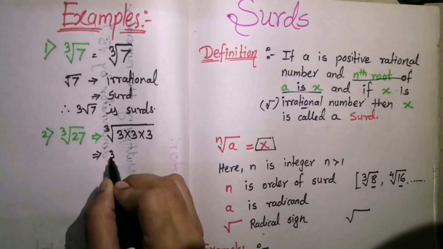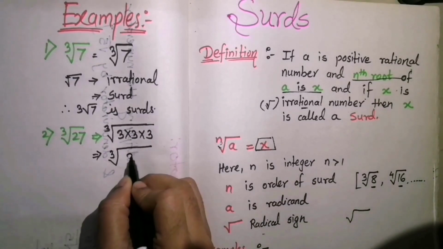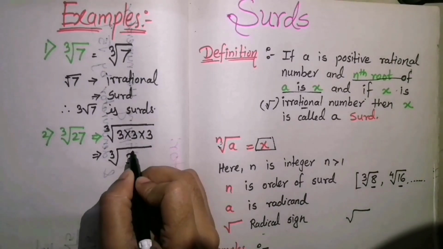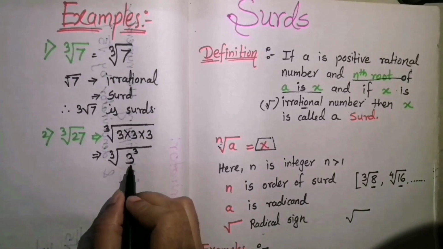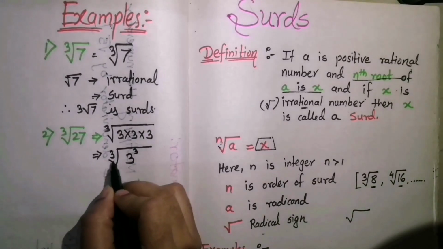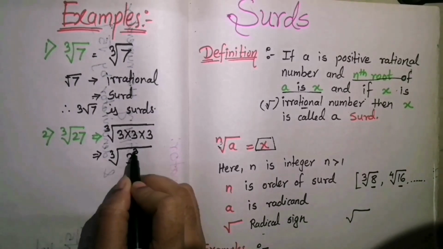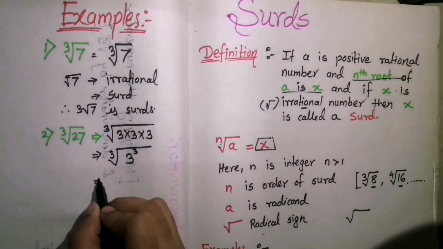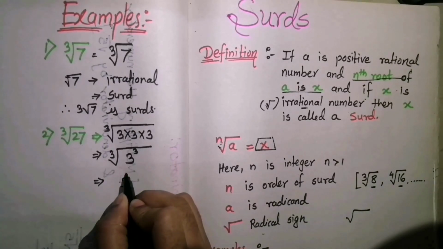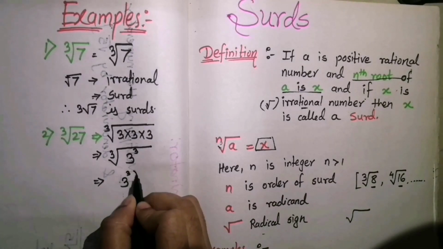We have the cube root of 3, write down. And how many times 3 here? 3 times. So write down 3 to the power of 3, the cube. Clear? So how to read? The cube root of 3 cubed. Now what is the next step students? Look here. So 3 raised to 3, write down as it is.